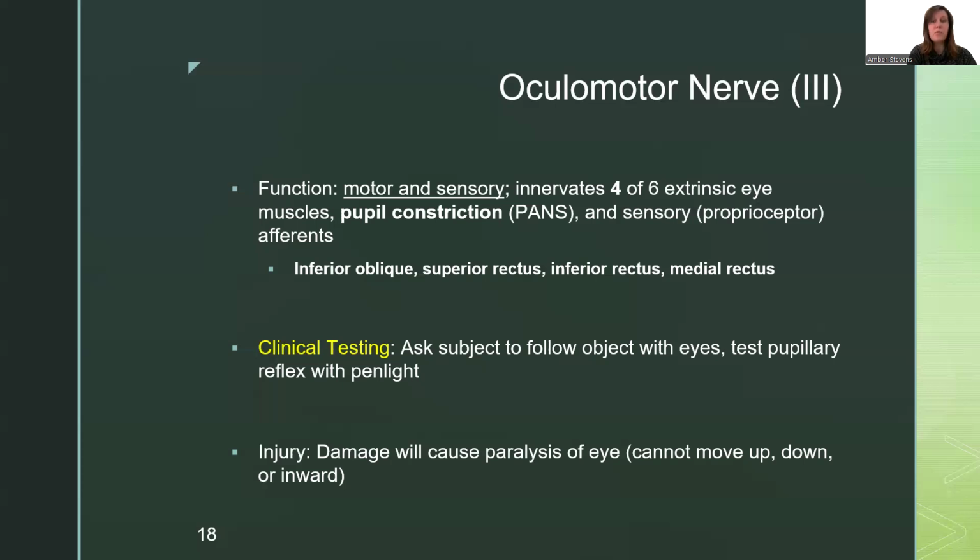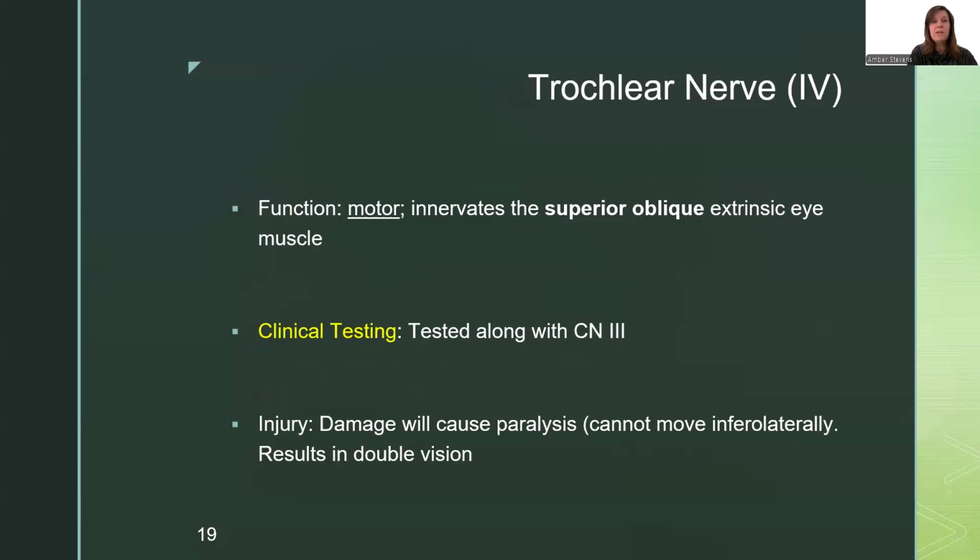Testing for this, you're going to ask the patient or the subject to follow an object with their eyes, right? So put a pen or your finger, pen light test to test the reflexes. Injury, damage results in eye movement paralysis, causing the eye to remain in a fixed position and inability to move up, down, or inward. Okay, so nerve number 4 is the trochlear nerve.